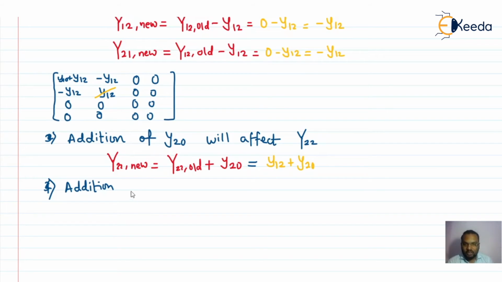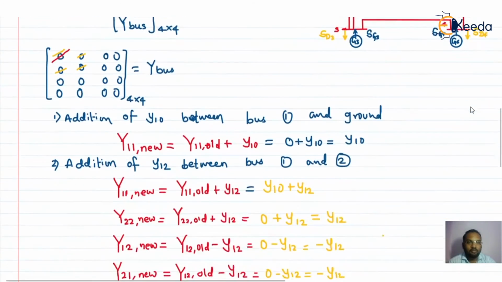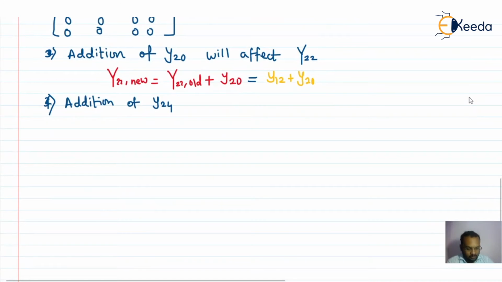Okay, addition of an element which is having admittance y24, because there is a transmission link connected between bus 2 and 4. That is why I'm considering it. Of course it will affect 4 entries.